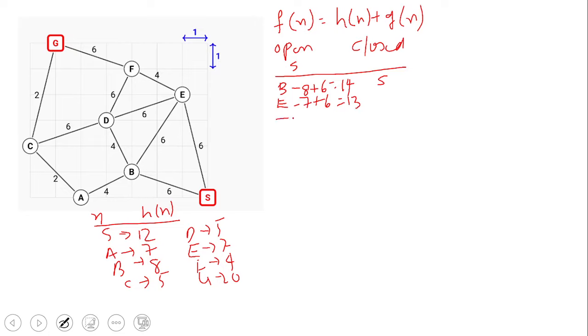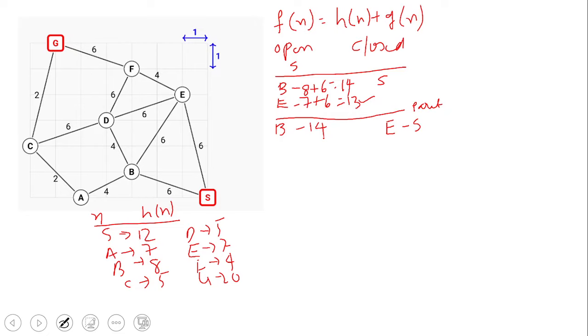So next it will see which is having the least f of n value in the open list. The least f of n value is E. So E will be moved to the closed list, and the parent of E is S; I am writing this here. Okay. So already B is there with value 14, and then E is moved to the closed list. The nodes connected to E again occupy the open list.